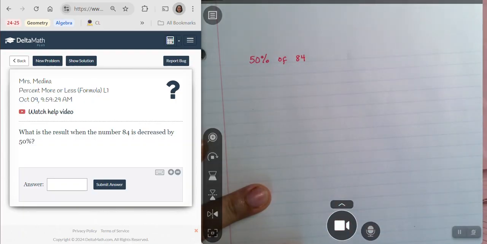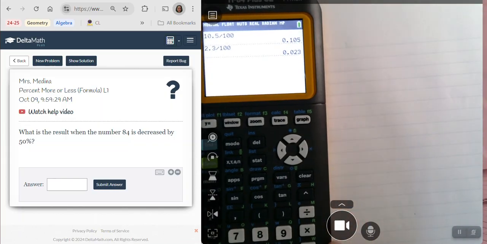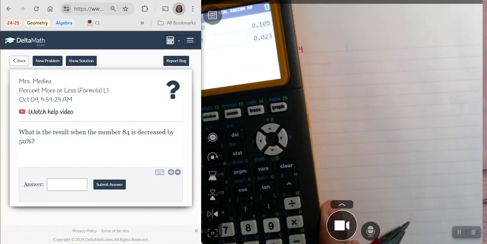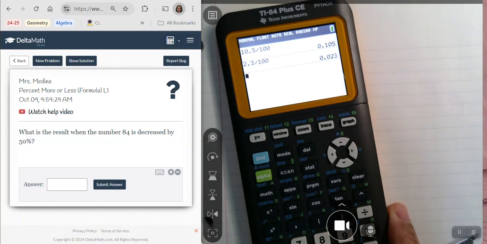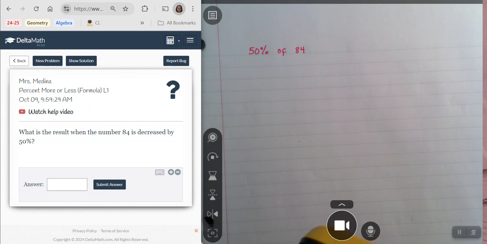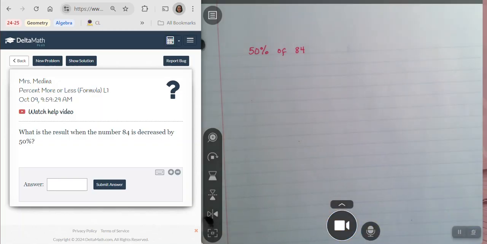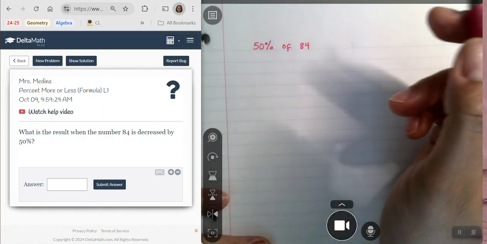Does your calculator do percents? Are you guys able to hit the percent key in your calculators? Okay, so you can do that.